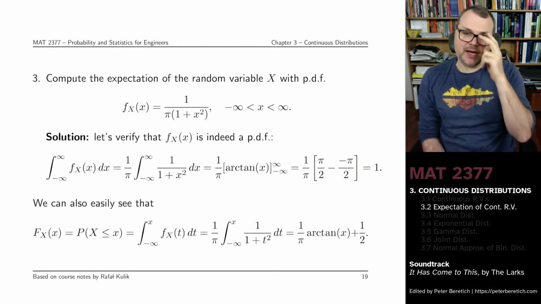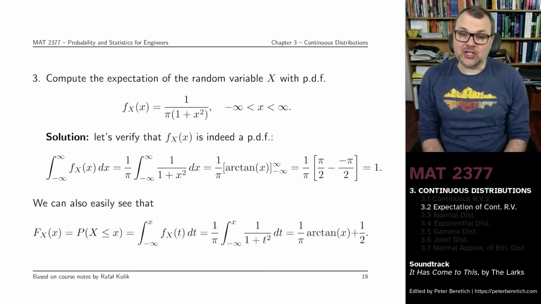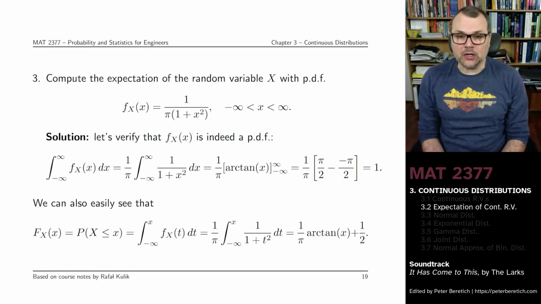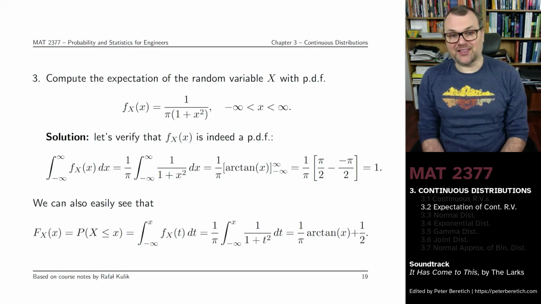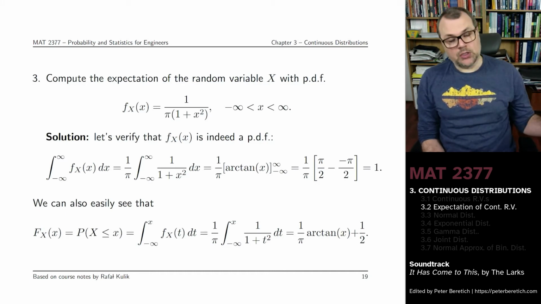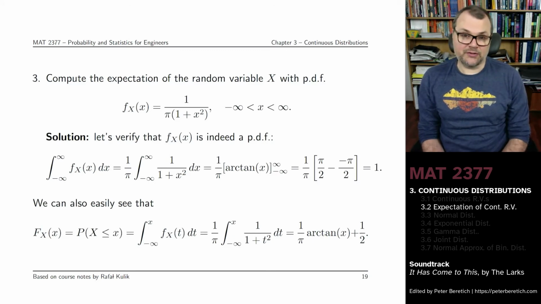I've told you that a random variable does not necessarily have an expectation value. Here's a variable which is indeed a random variable because its PDF satisfies all of the conditions. It is always non-negative. In the limit, it goes to 0 in both limits when x goes to positive or negative infinity.